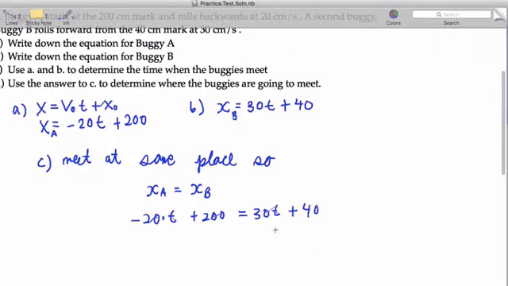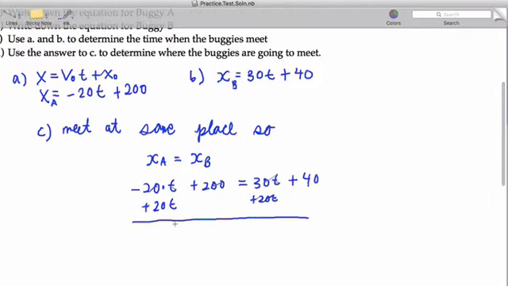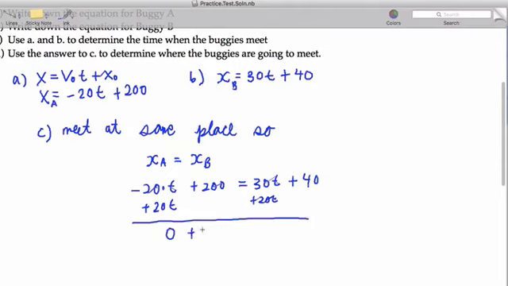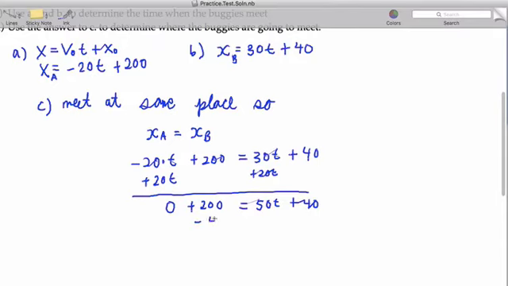Now let's continue. I'm going to add 20t to both sides. And that's going to give me 0 plus 200 equals 50t plus 40. Next, I'm going to subtract 40 from both sides.